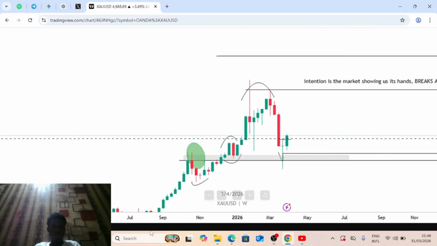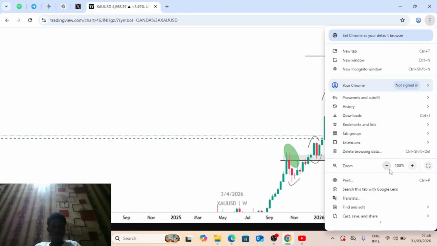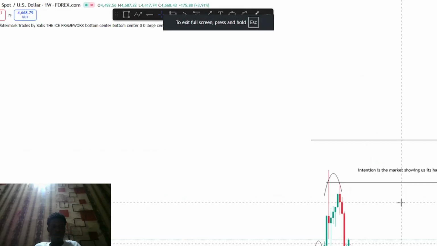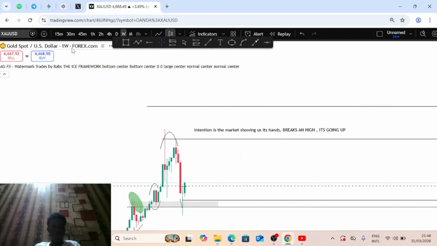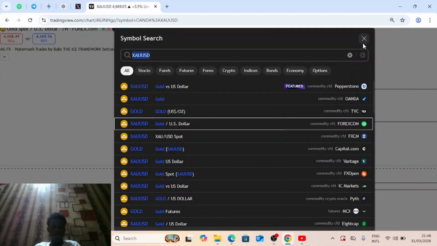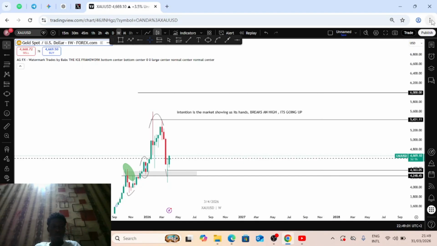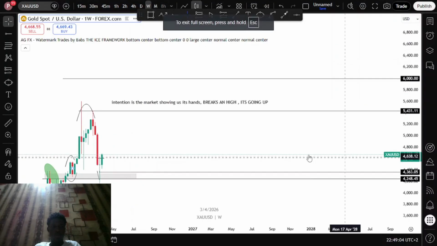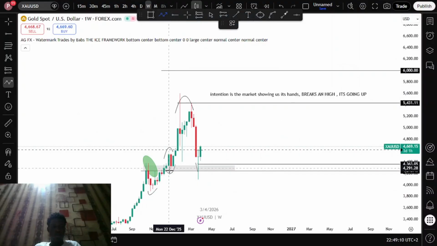So if this was an eye at this point, a break above it indicates that this point is less dominant for sellers now.